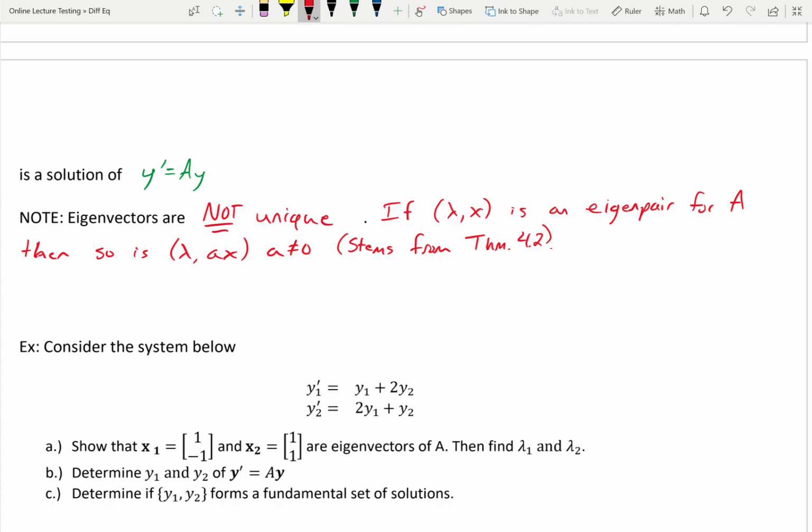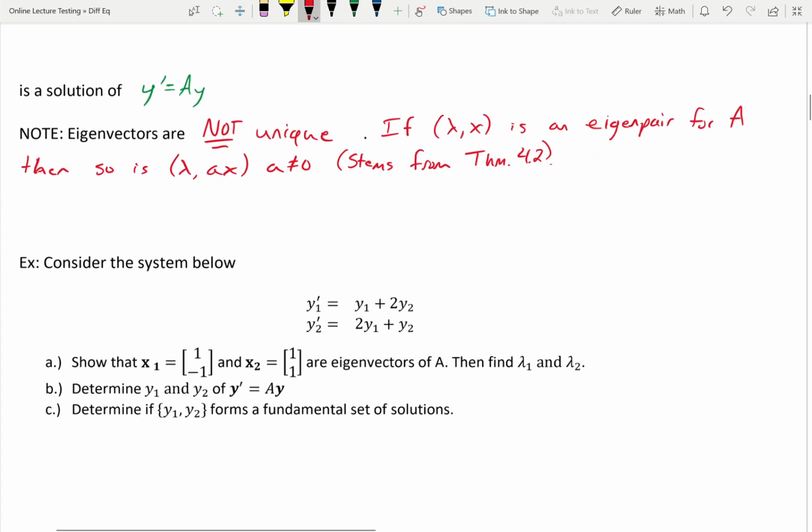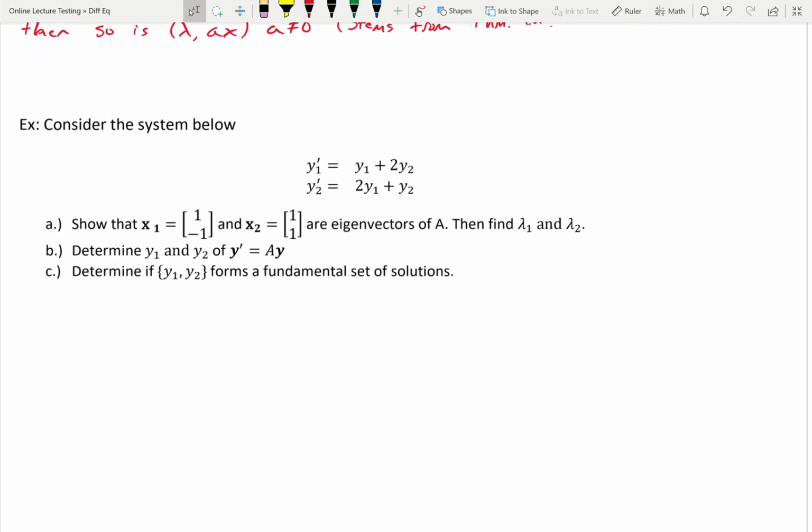All right, so enough talking about it, let's actually practice this. Consider the system below. We have y1' is equal to y1 plus 2y2, and y2' is equal to 2y1 plus y2. I want to show that x1 is equal to (1, -1) and x2 is equal to (1, 1) are eigenvectors of A, and then I want to find the appropriate λ1 and λ2.